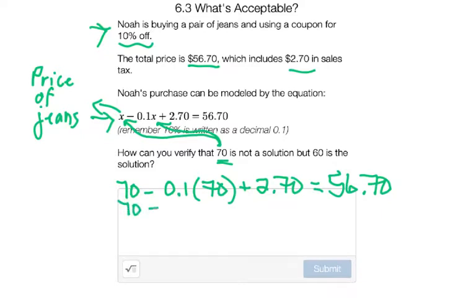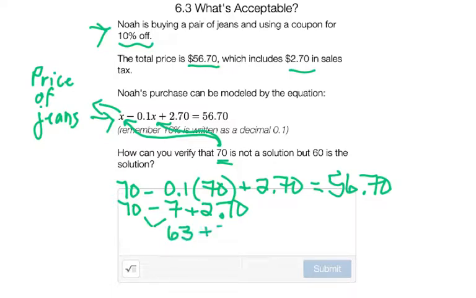If I use a calculator, I'm going to multiply 0.10 times 70, and I know that equals 7. And I'm going to then add $2.70. When I do that math, I know that 70 take away 7 is 63.